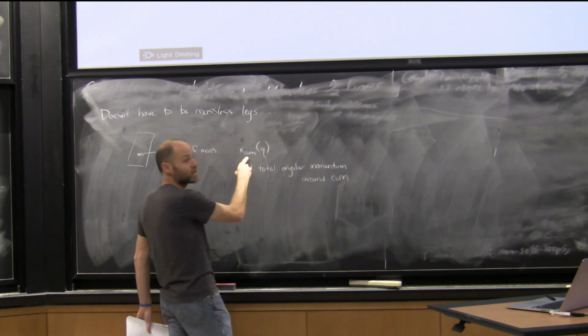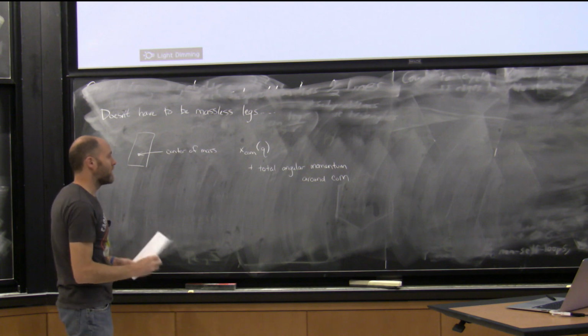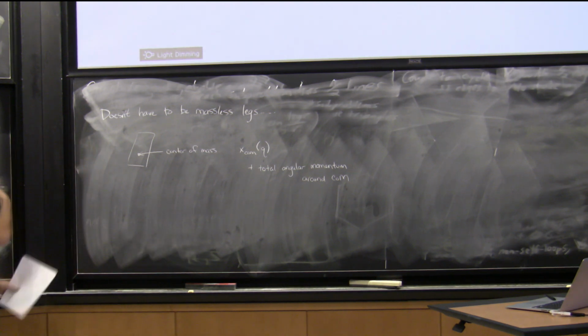I write COM, center of mass. That's the sort of generalization of the point mass, or single rigid body rather, with a mass and inertia. Whatever your complicated rigid body is, think about it regulating its center of mass and total angular momentum.